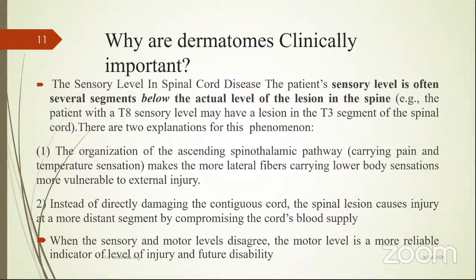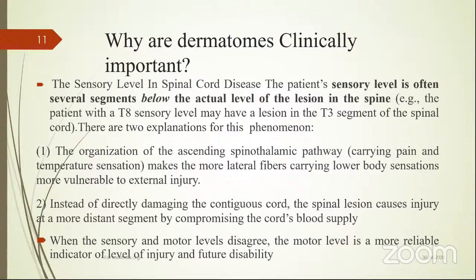They say the ascending spinothalamic pathway carries more lateral fibers. If you see a spinal cord, next slide we'll be seeing, the arrangement of the afferent information pathways, that is ascending fibers, will be arranged such that the outermost will be the sacral, and the innermost will be the cervical.